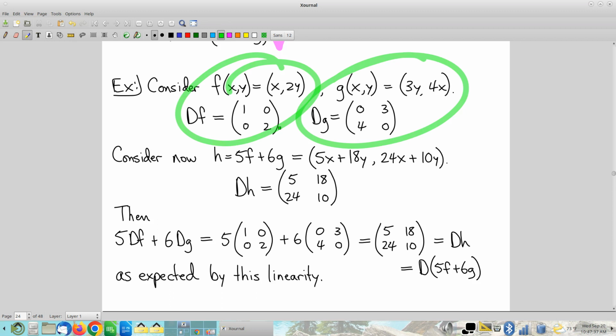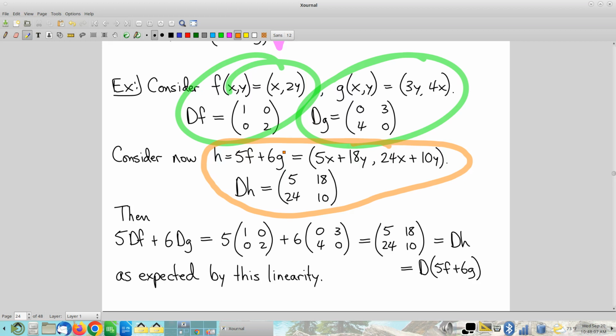Then I'm going to look over here at what happens if I take a linear combination of those functions and look at the derivative of that linear combination of functions. Now again, this is a matter of multiplying it out. This is the linear combination of those functions, and here's its derivative matrix. By the way, make sure you can do all this. Make sure that you are comfortable with all the processes that I'm glossing over there.